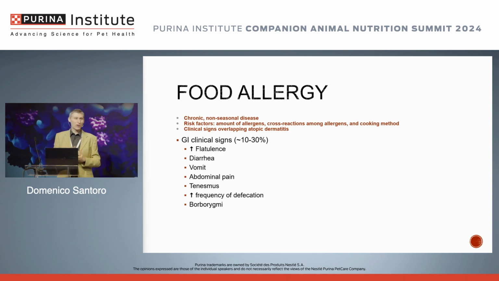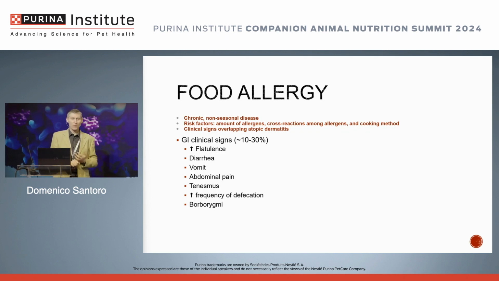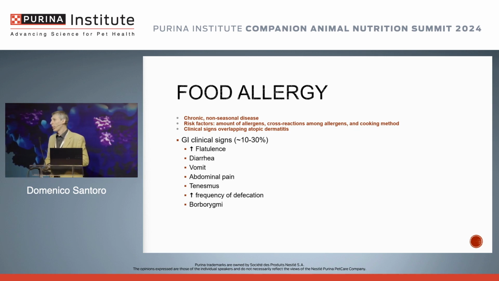Most of our patients will have itch, which is chronic, non-seasonal, generalized, and they may also have some GI problems, specifically increased flatulence, increased number of defecations, diarrhea, vomiting.